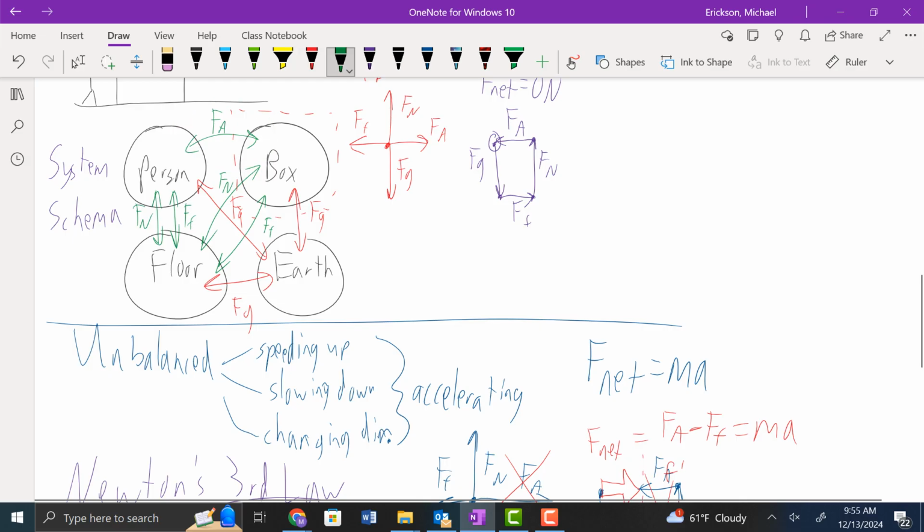I want to be very clear. The gravity, the weight of the box, which is Fg, this here is not a Newton's third law pair with Fn. Even if they have the same values, they are still not Newton's third law pairs with each other. The Newton's third law pair between the box's weight is with the Earth's weight according to the box.